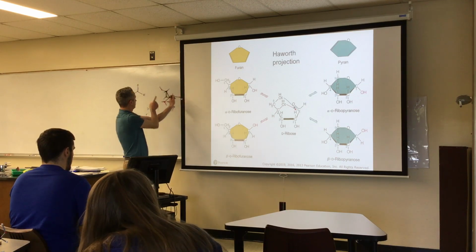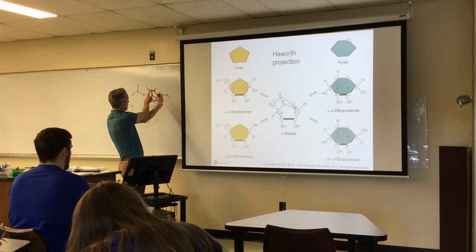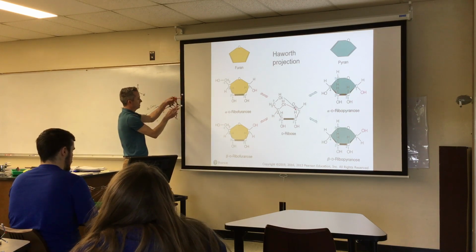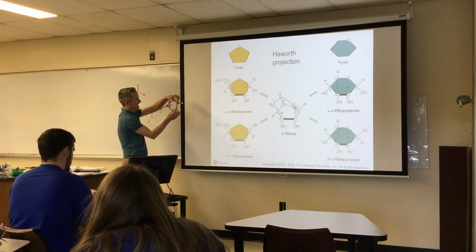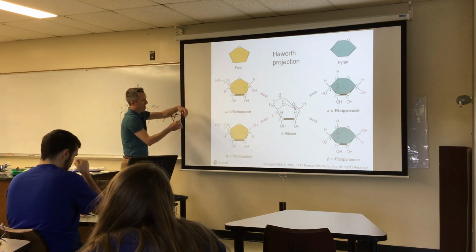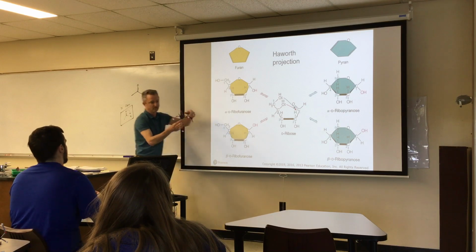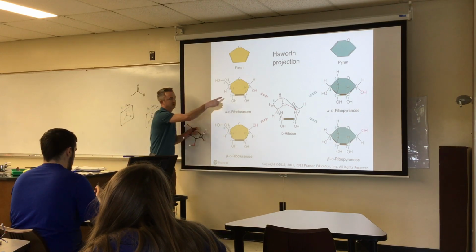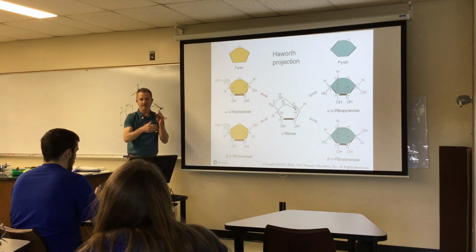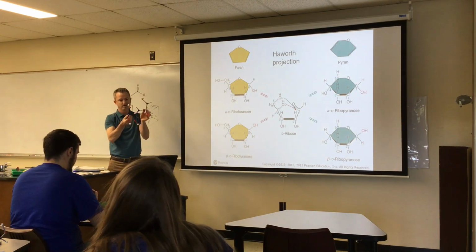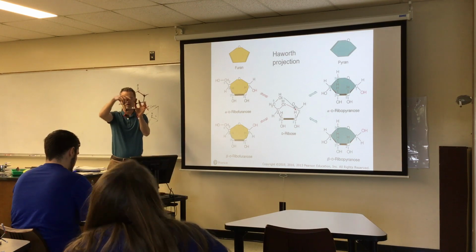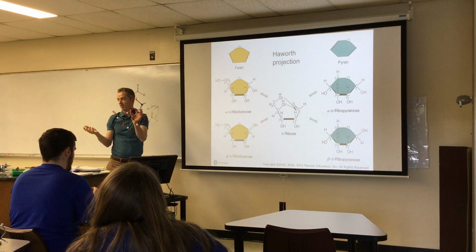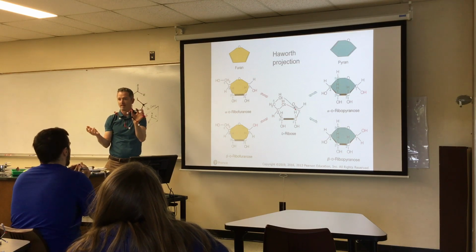If you're looking at it from here, that is oxygen to carbon, so that's the Re face. When you attack from the Re face, that gives you the beta form. Flip it over, attack from the Si face, gives you the alpha form. Good, Megan. Nice work. So this is all about carbon-carbon bond rotation.